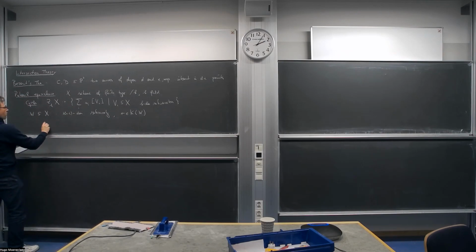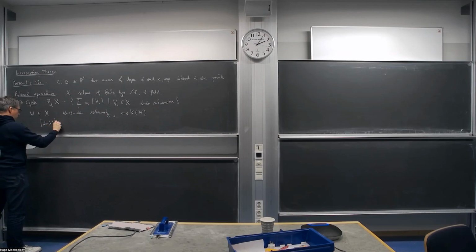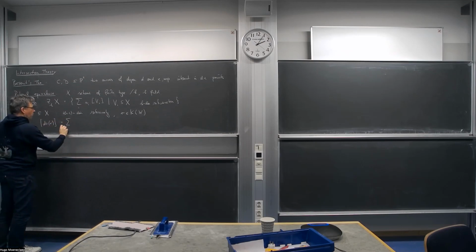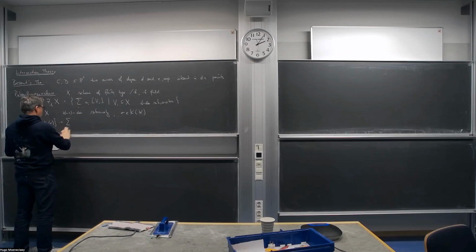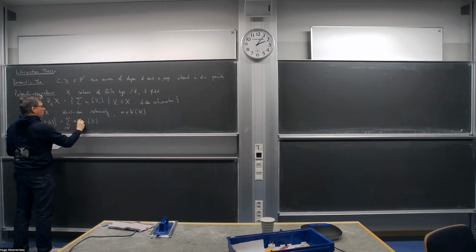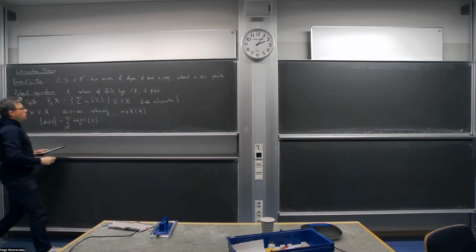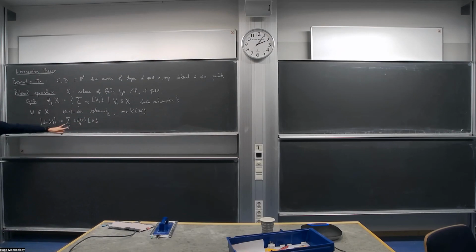So we define the divisor of R, the cycle of R, as the sum over all V of dimension k of the order of R at V, and I have to define this here.